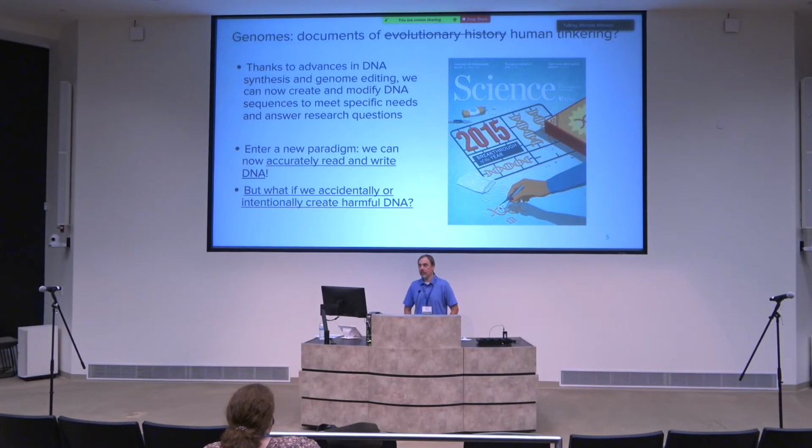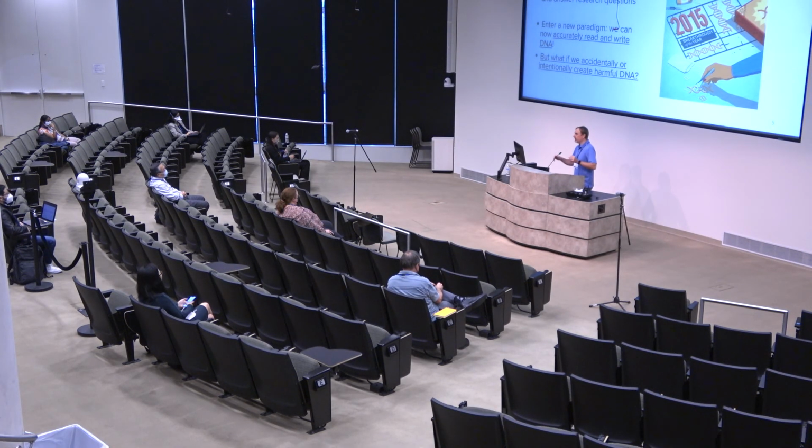We can say, I would like to modify the genome sequence of this organism in a way that could be beneficial or could be unintentionally harmful to someone. So keep in mind that we now have both read and write capabilities for genomic information. And the writers, the editors, are actually desktop machines that you could fit on a desk and tell, please generate this set of As, Gs, Cs, and Ts. This is a really important concept for the remainder of my talk.